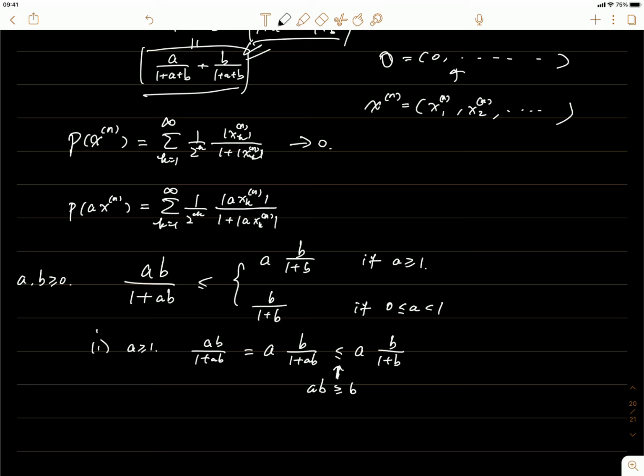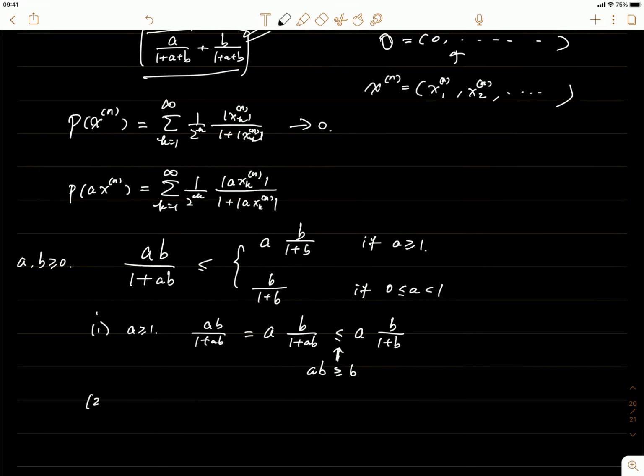And that's for the case a greater than or equal to 1. Now a is less than 1. Again, if it's 0, it doesn't matter. If a is not 0, then we can see that a times b over a plus ab, this is equal to what? Say, if it's not 0, then I can divide both the numerator and denominator by a.